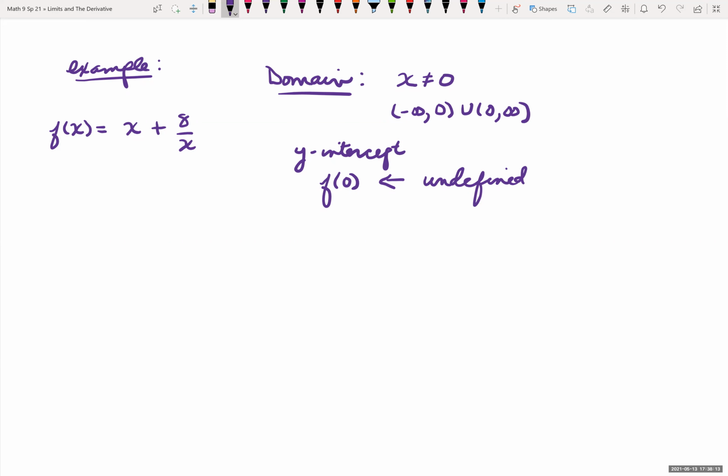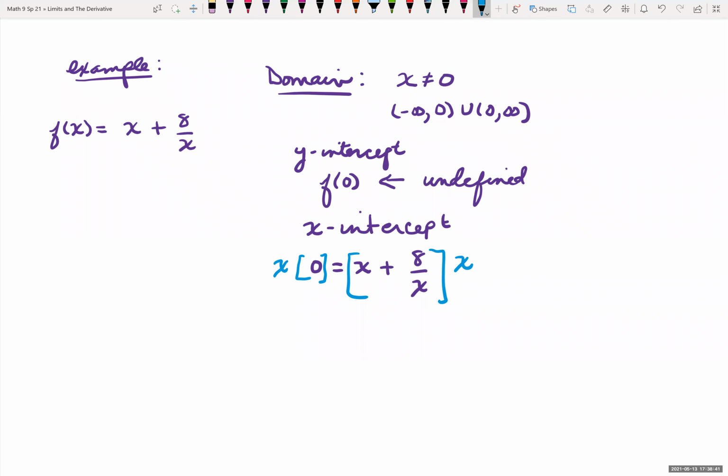Okay. So x-intercept, that is when y is equal to 0. And so we would have 0 is equal to x plus 8 over x. Well, let's clear our fraction. We can do that by multiplying both sides by our LCD, the denominator that we're trying to clear, which is x. So x times 0 gives us 0 is equal to x squared plus, distributing this, x cancels, we are left with 8.